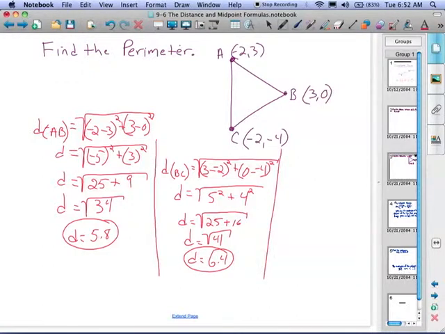Now we have to find the distance from A to C, the third side. And that's going to be -2 minus -2 squared plus 3 minus -4 squared.